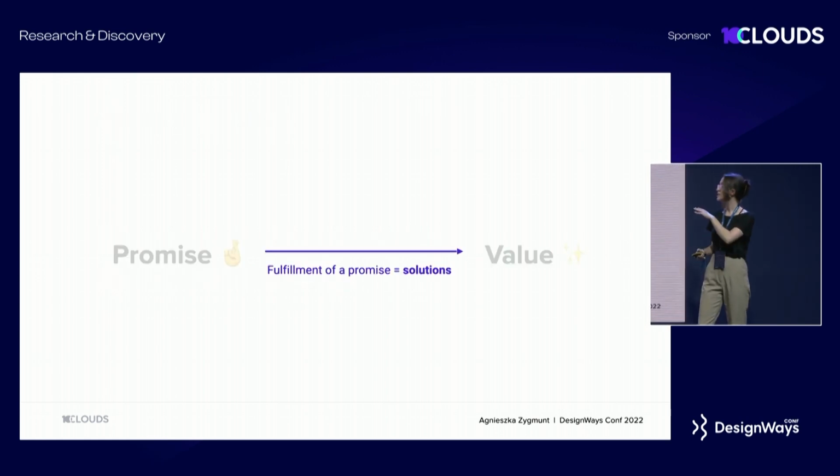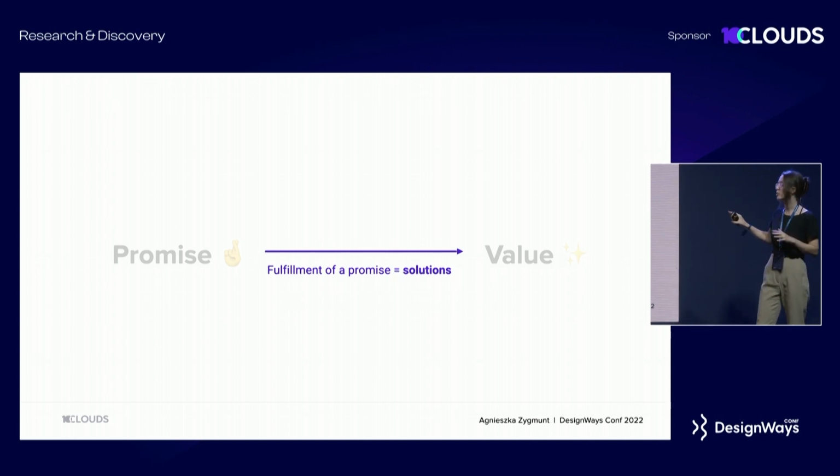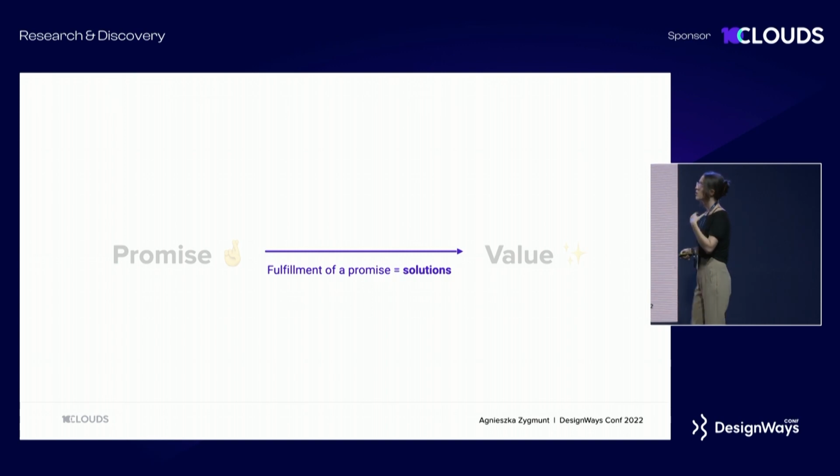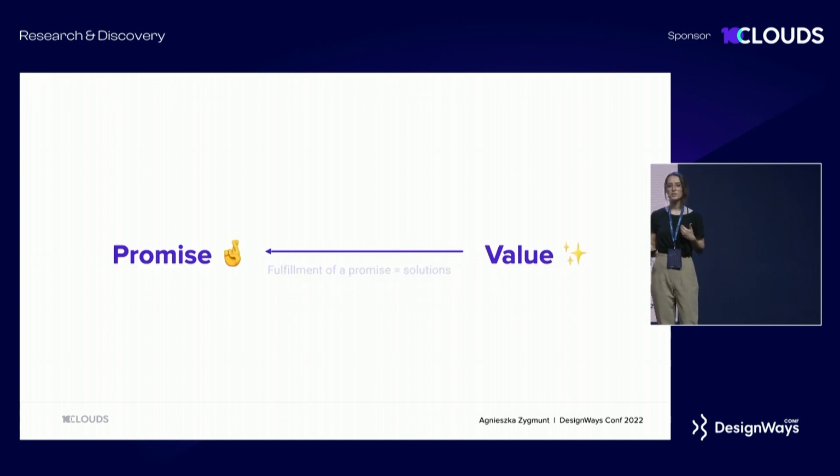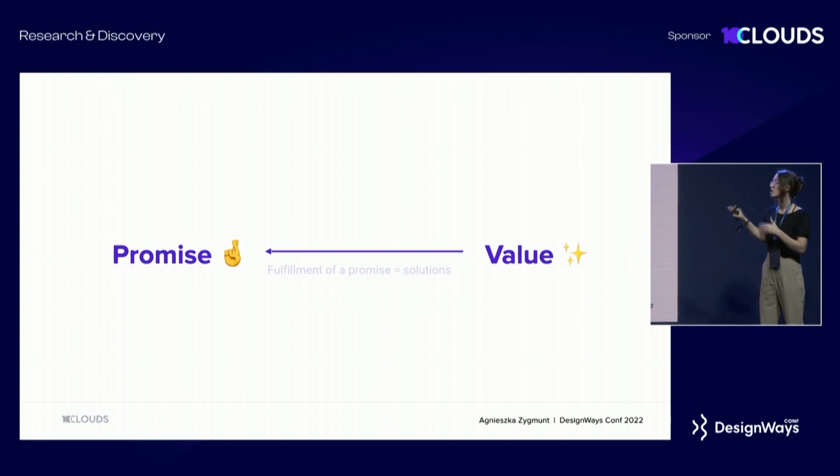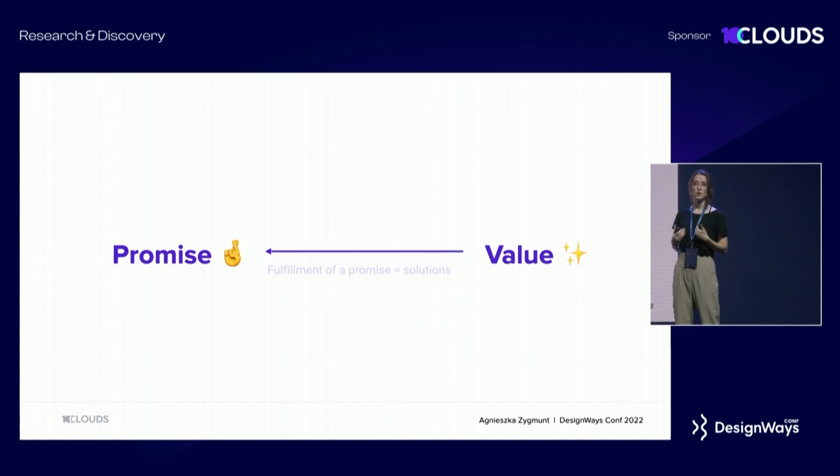So as you can see, instead of going with this quite common approach of focusing on the solution, we decided to change direction. So go with values and promises to see if we have the values that will help us find a right solution.